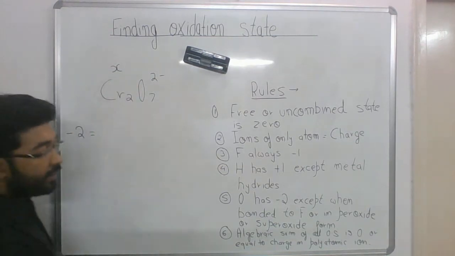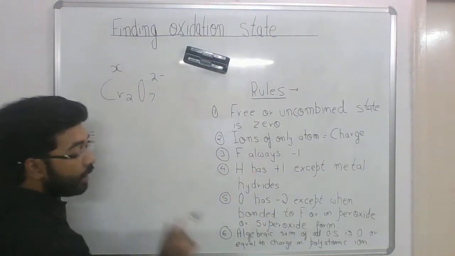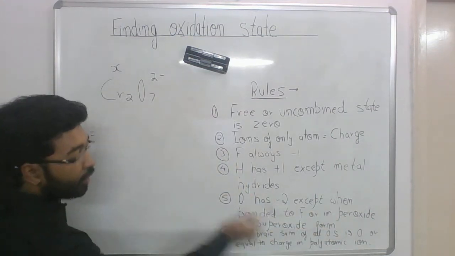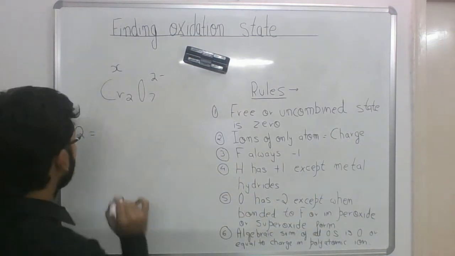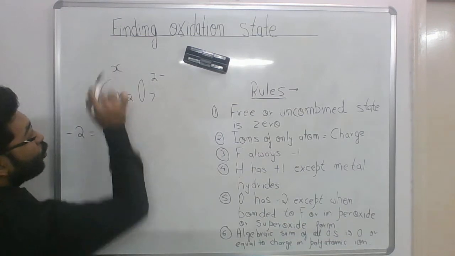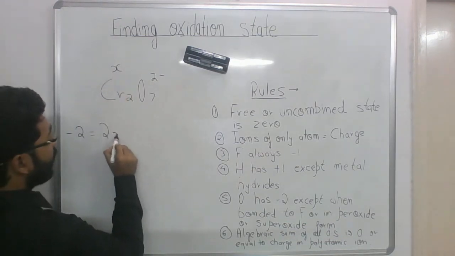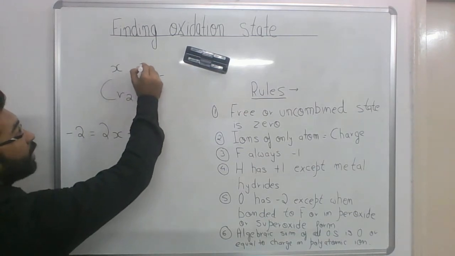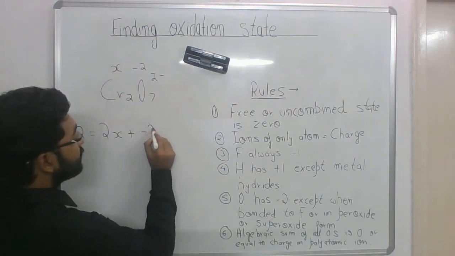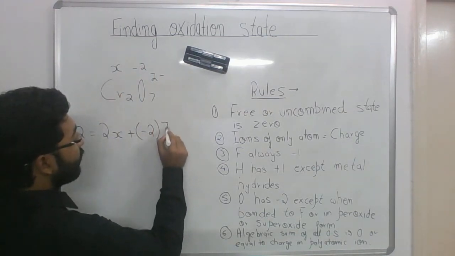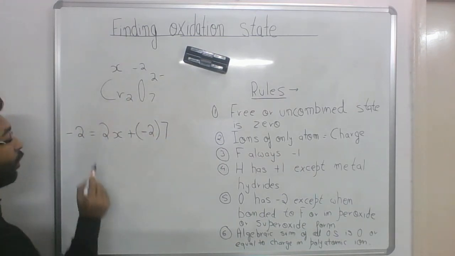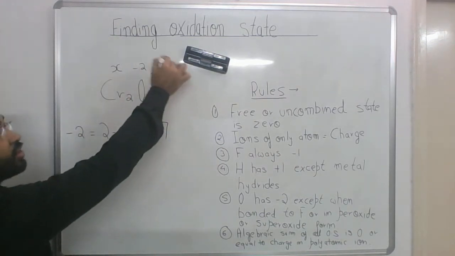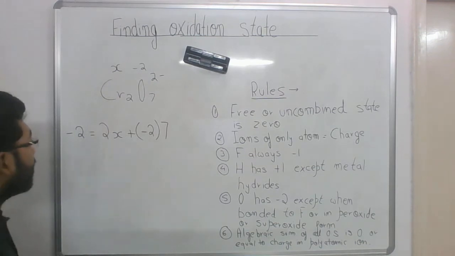Now oxygen, since it is neither bonded to fluorine, nor is it in peroxide form, nor in superoxide form. Since 2 chromium atoms are there, 2X plus, oxygen has a formal charge of minus 2. So minus 2 into 7, since there are 7 oxygen atoms involved, equals minus 2, which is the charge on the polyatomic ion.